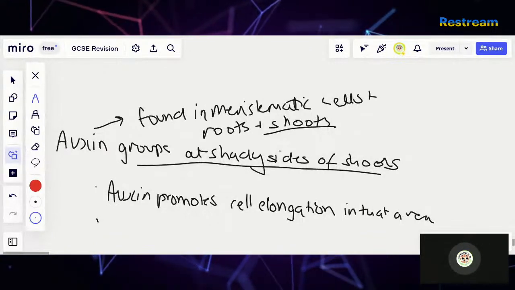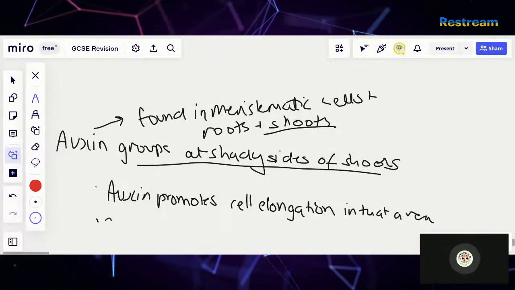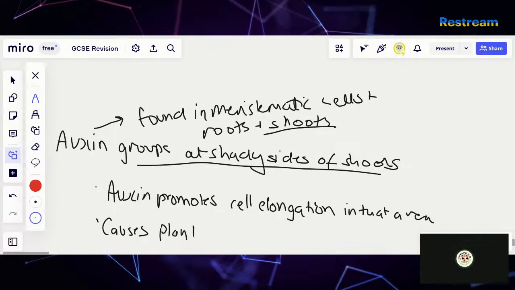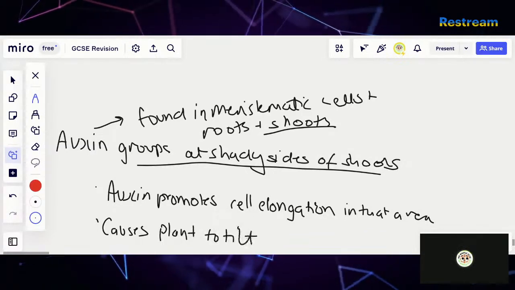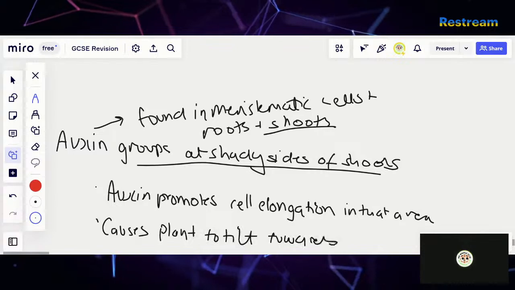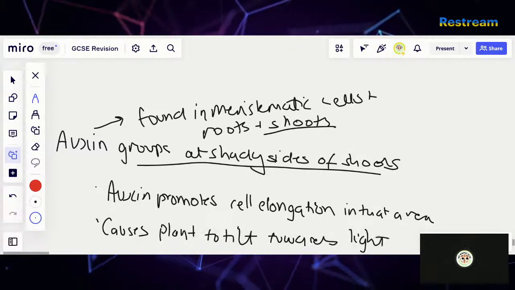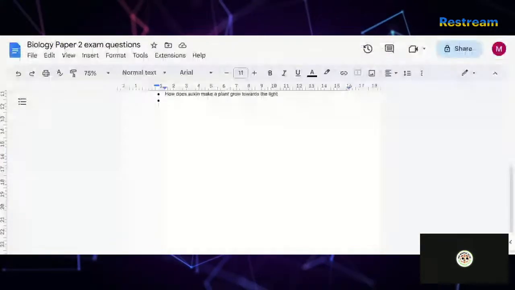It causes the plant to tilt towards the light source. Which means it grows towards the light source. Okay, perfect. That's how to answer that question.